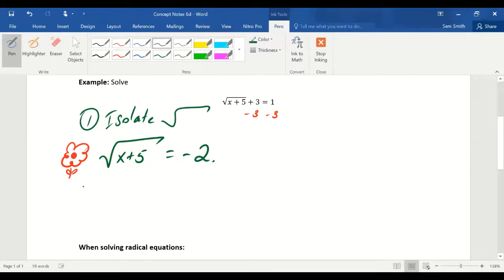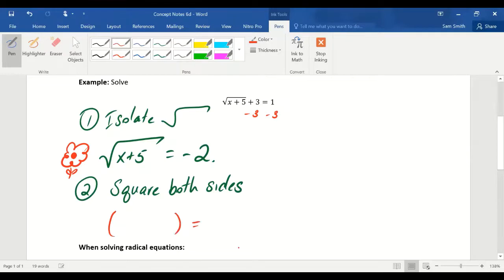Now step 2, once the square root has been isolated, we very carefully square both sides. So we wrap one big set of parentheses around the left-hand side, one big set around the right-hand side, and then apply an exponent of 2 to both sides.